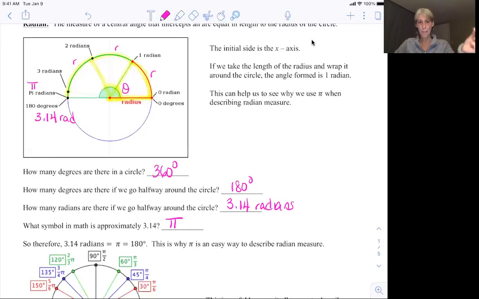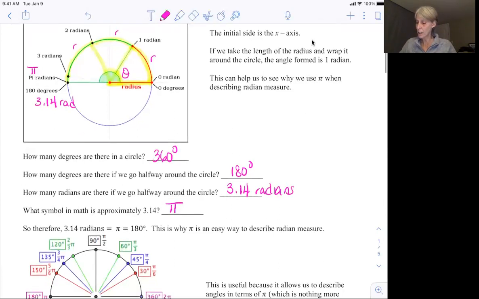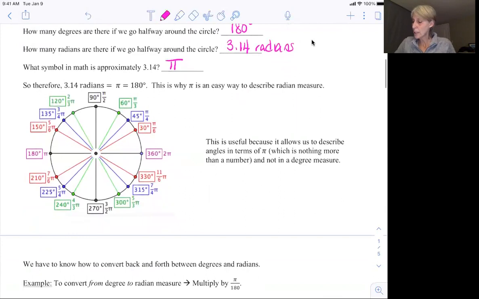We were using a math symbol to describe our angles instead of numbers all the time. And that's really where radian measure came from. So we can describe different forms of angles by using this concept that pi equals 180. 1 pi, 2 pi.